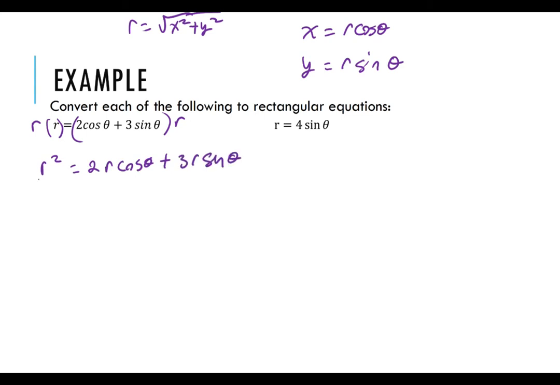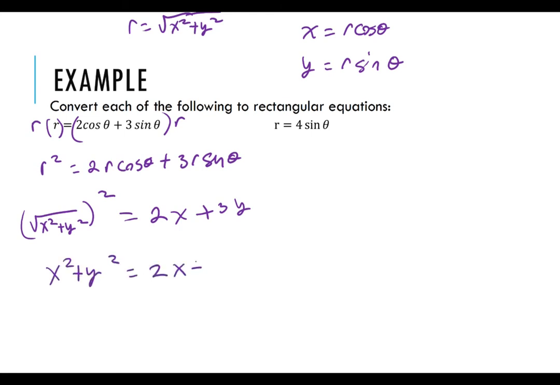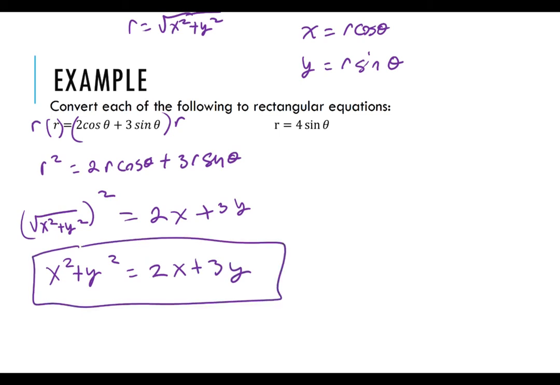Well, this is much better because now I replace r squared with x squared plus y squared. Then it's equal to 2 times r cosine theta, which is x, plus 3 times r sine theta, but r sine theta is y, and so then I get that x squared plus y squared is equal to 2x plus 3y. We just need an equation, and there we are.